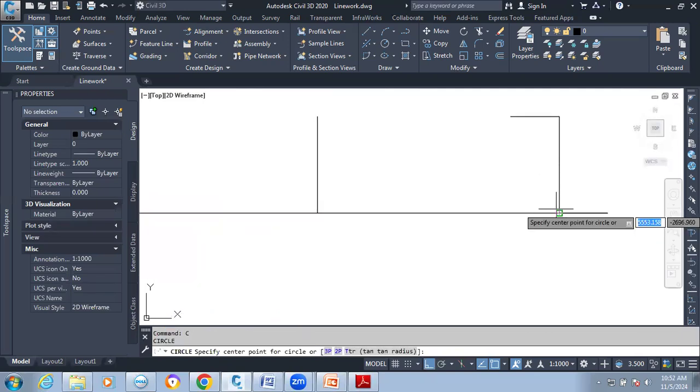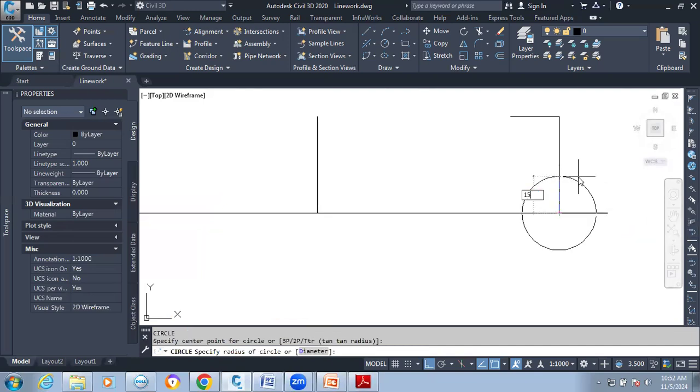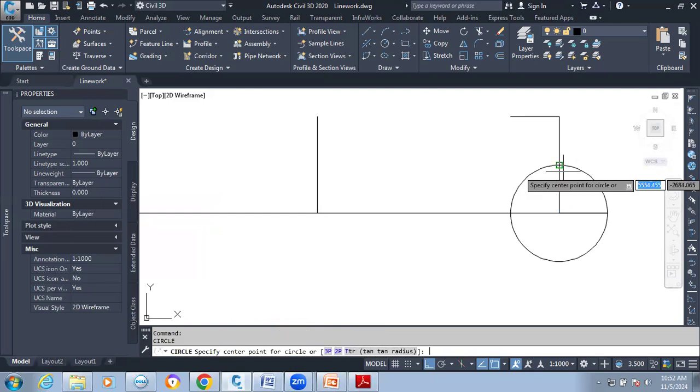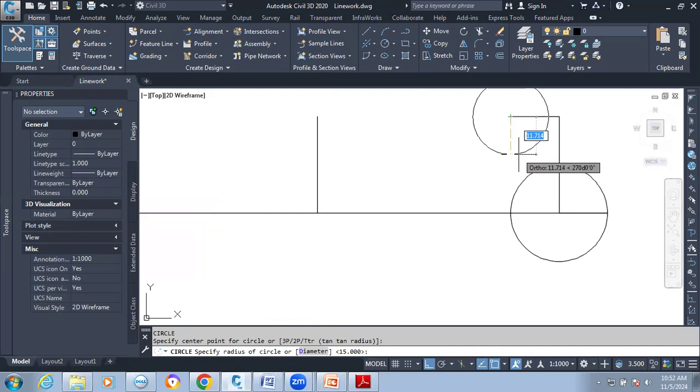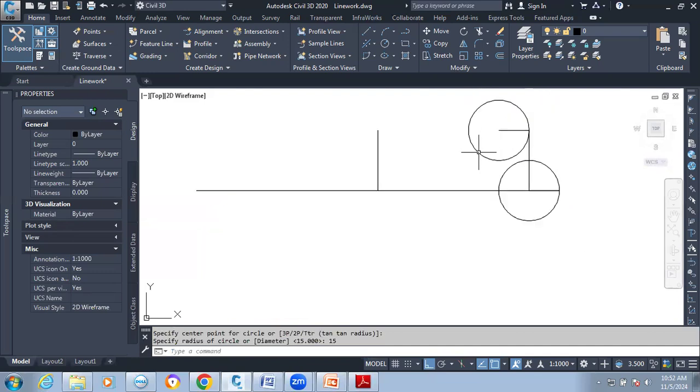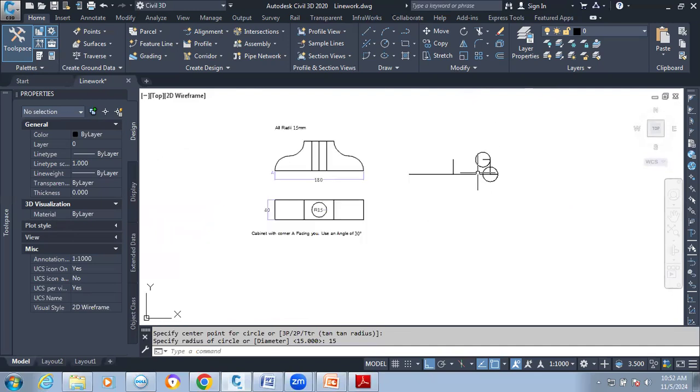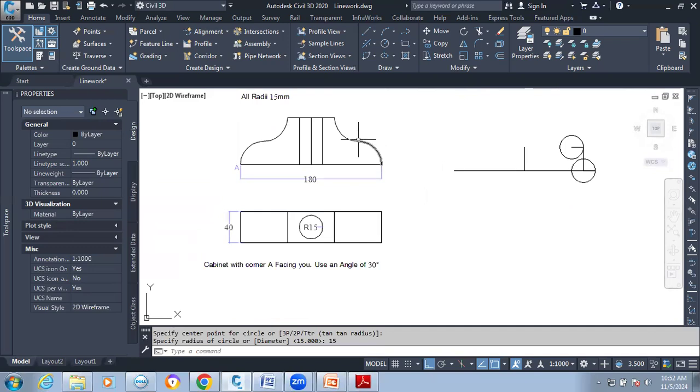I'm going to draw the first circle, 15, and then the circle again. This would be the second center here. I want to make sure my dimension is right: 15, and go up 15.